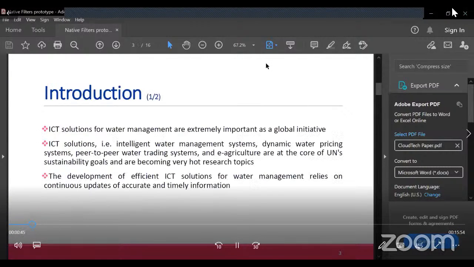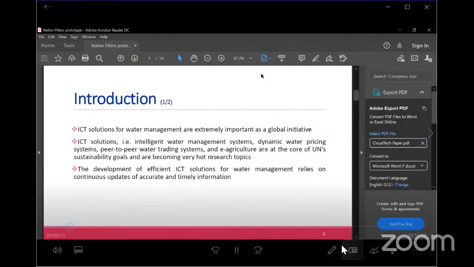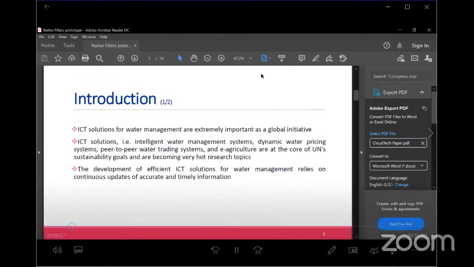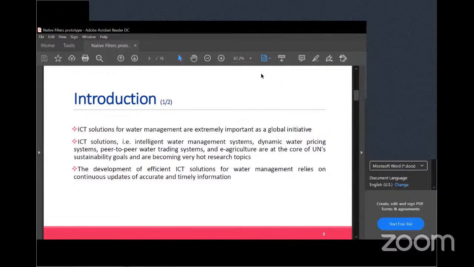So ICT solutions for water management are highly important as a global initiative. ICT solutions such as, for example, intelligent water management systems, dynamic water pricing systems, peer-to-peer water trading systems, and e-agriculture are at the core of UN's sustainability goals and are becoming very hot research topics.